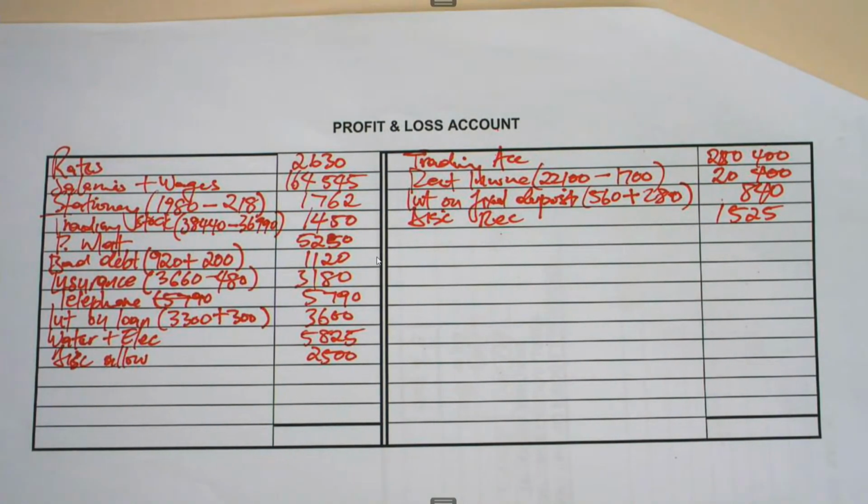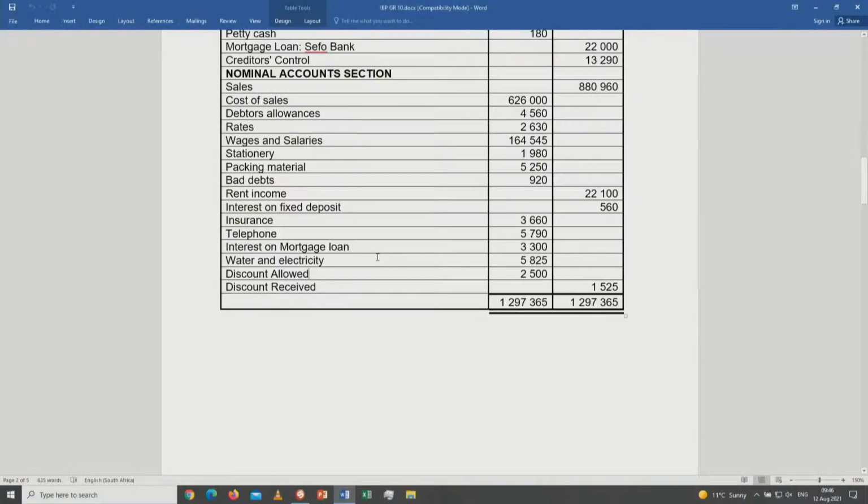Now, we have reached the end of the nominal section accounts that are listed here on our trial balance.